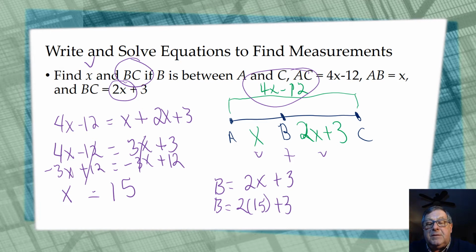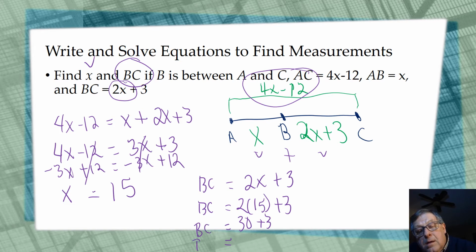And let's see, 2 times 15 is 30. So BC equals 30 plus 3. And double Shazam. Wow. BC now equals 33. All right, well, there we go.